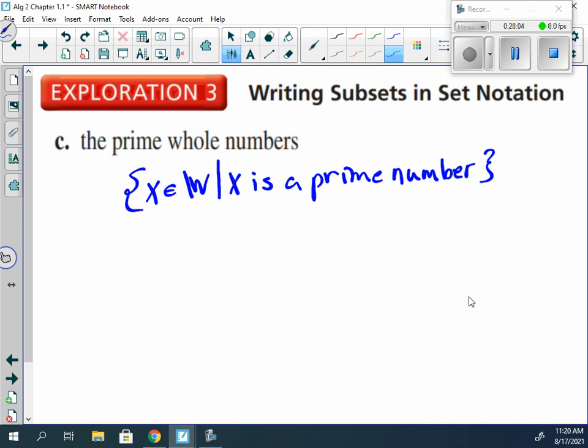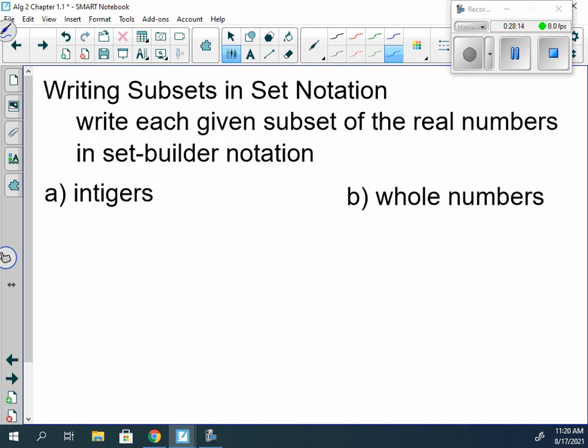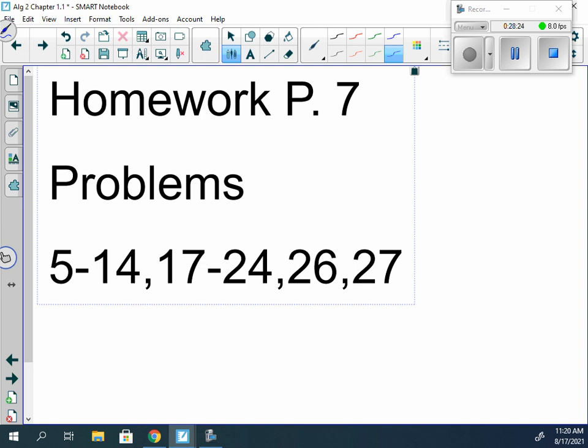You're just literally copying down what it says. For all values of x, x is an integer. For all values of x, x is a whole number. I mean, that's not really just writing stuff. But that is it. That is all we are doing today.